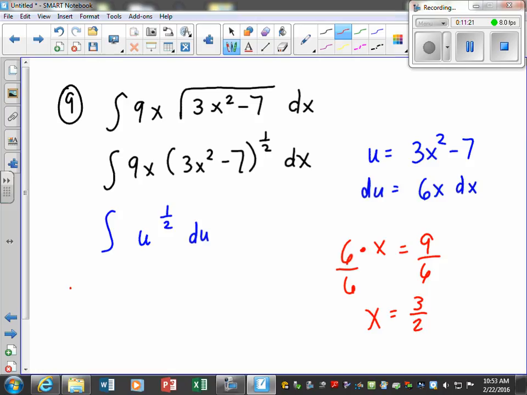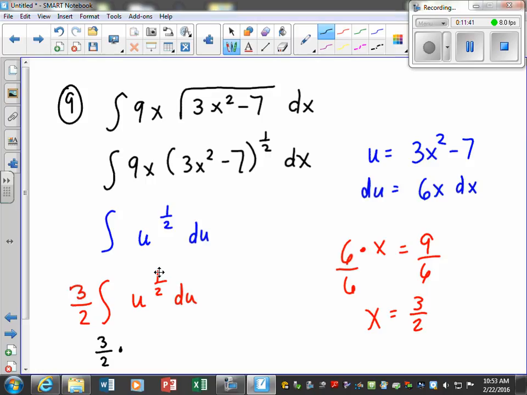Right? So if I pull the 3/2 out front, then I have u to the 1/2 du. So that one took a little bit of extra work. Now the antiderivative of this is similar to what we've been doing. So bring your 3/2 down, that's out front.